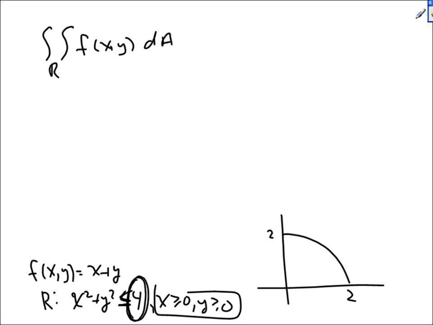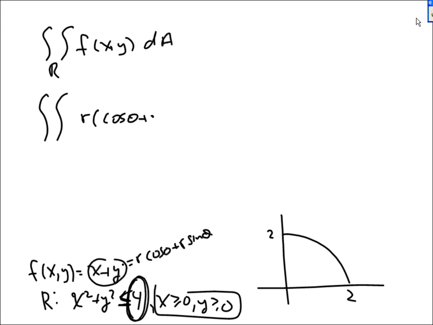Okay, so polar. Now, this becomes r cosine theta plus r sine theta. But I can factor out the r. dA is r dr d theta.